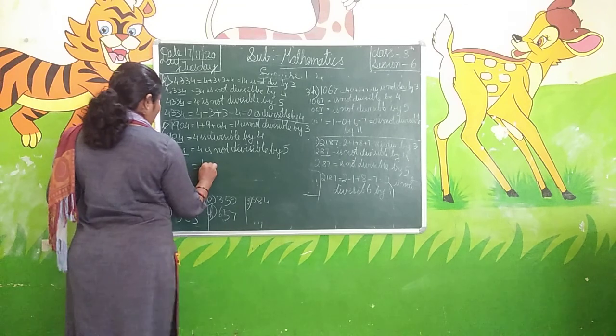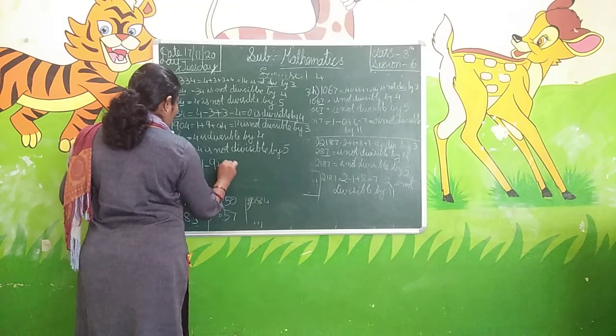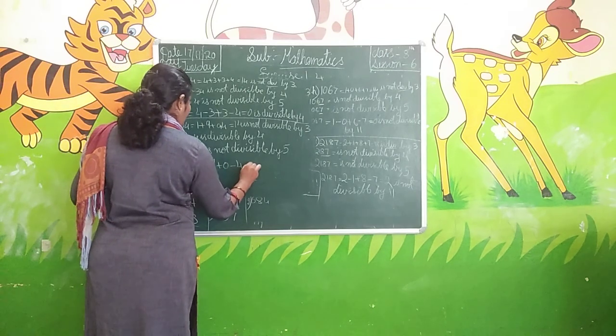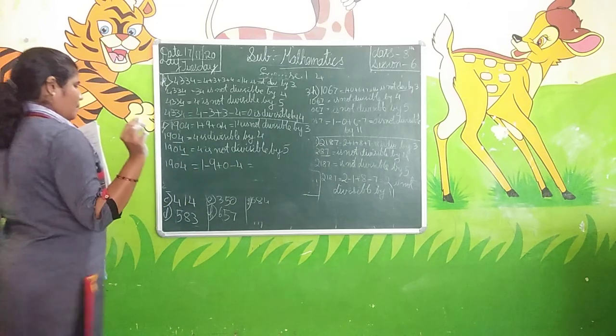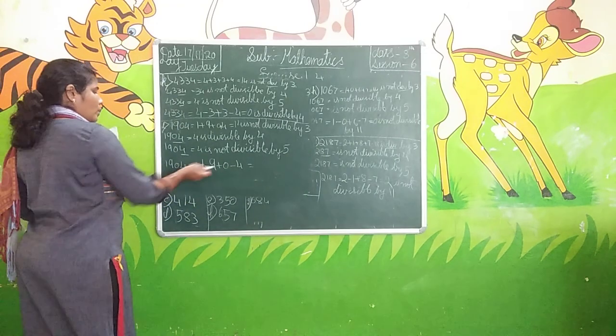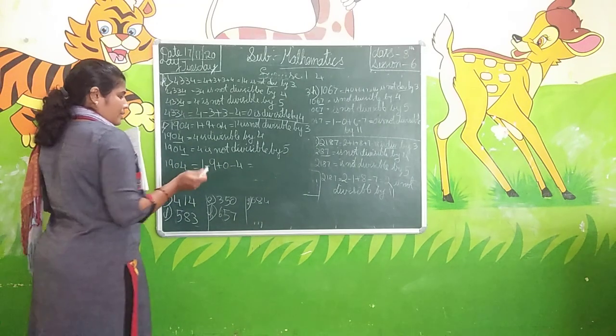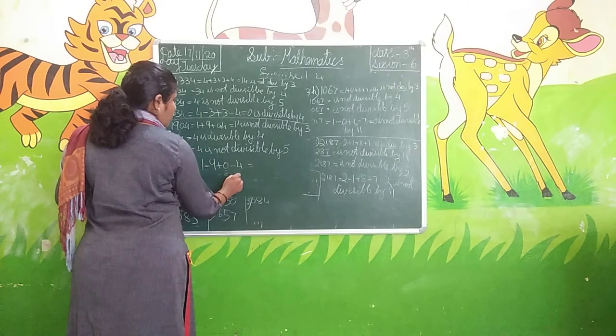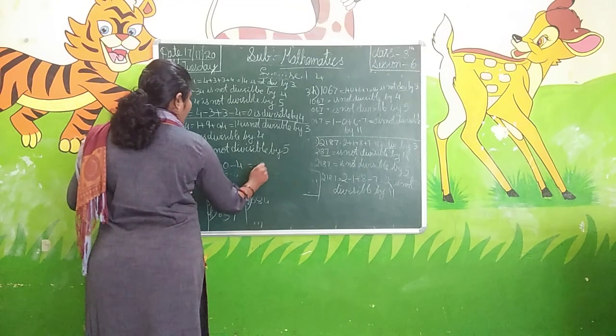Next, 1904 also: 1 minus 9 plus 0 minus 4. 1 minus 9 is minus 8, minus 8 plus 0 is minus 8 itself, and minus 8 minus 4 gives minus 12.